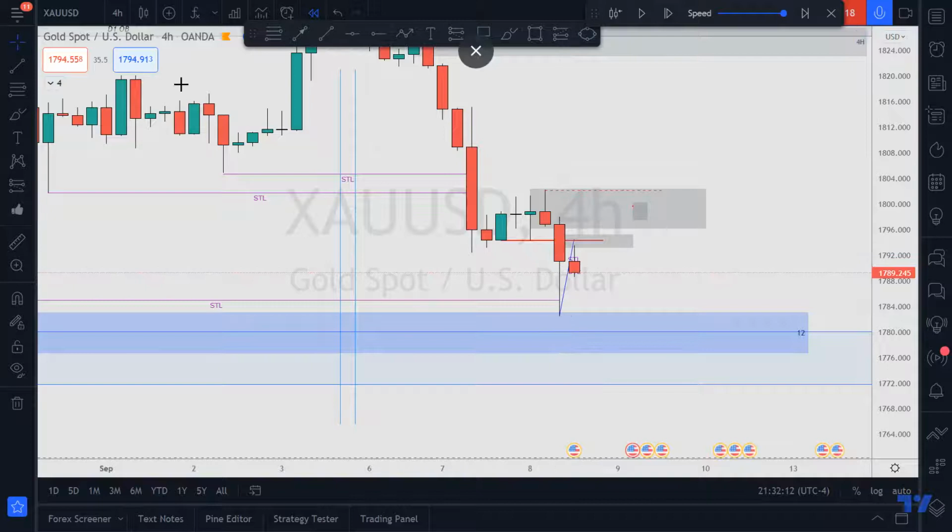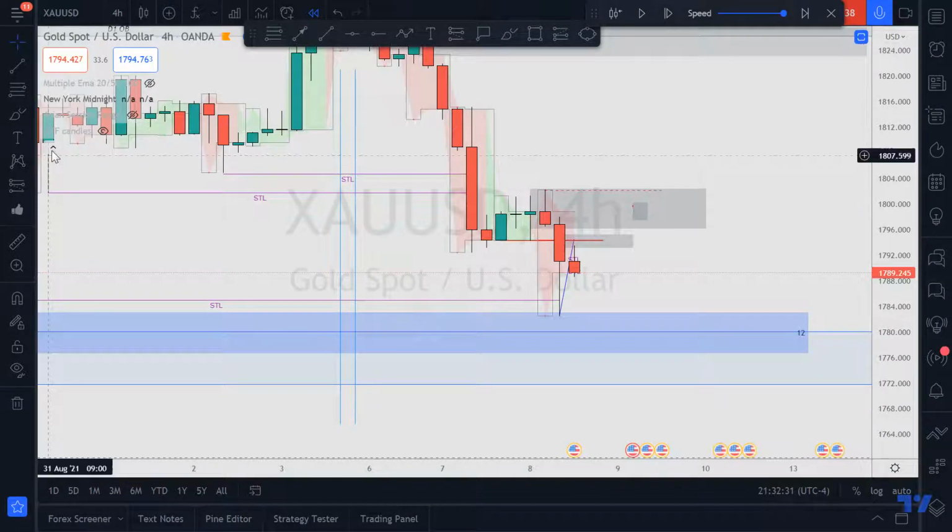All right, now let's go down. What we can see is price made this wick here, and we know this is part of that bearish engulfer, right? Remember I used the MTF candles indicator.